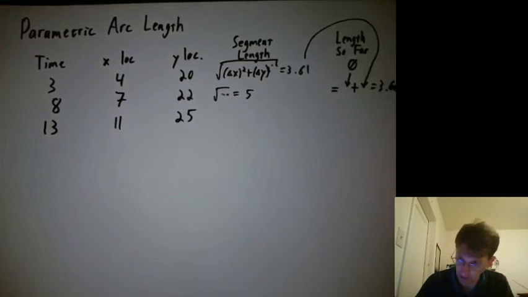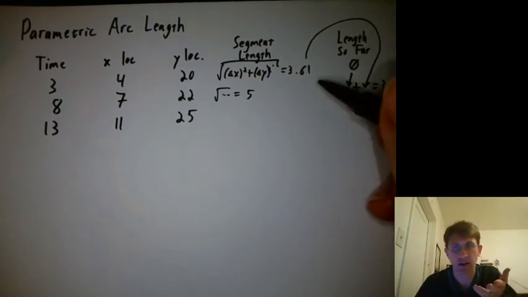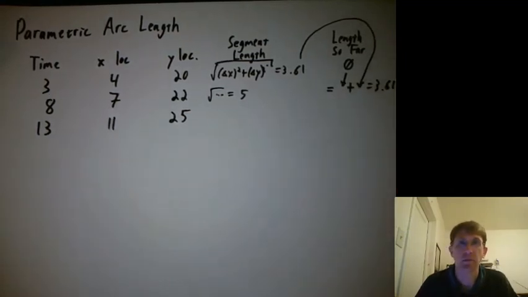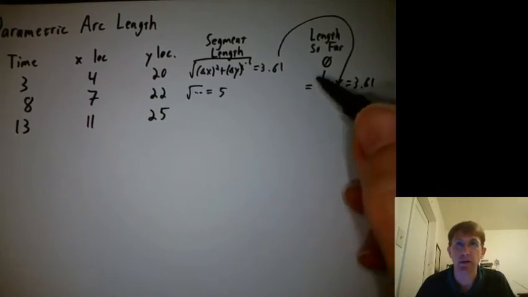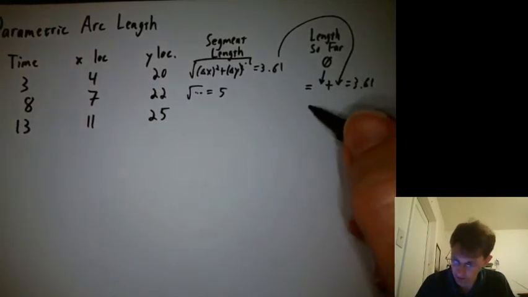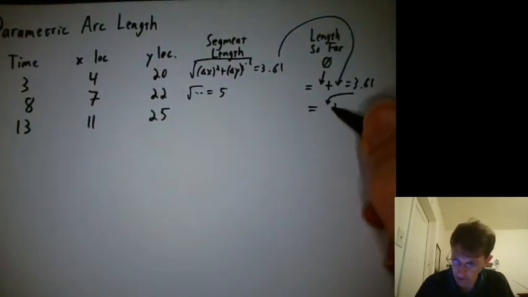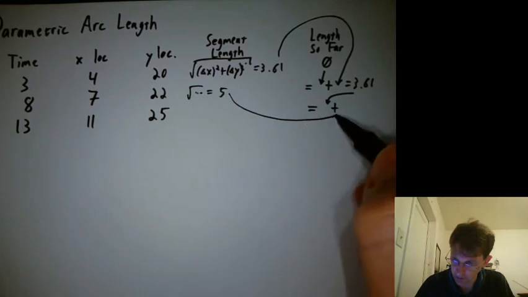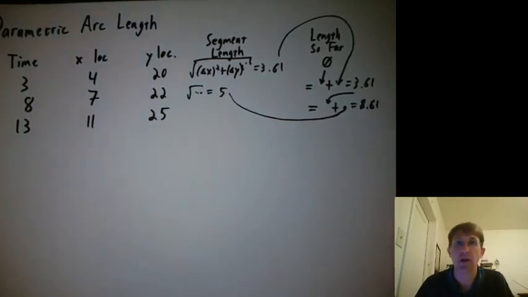I'm rounding; it's like 3.60555, blah, blah, blah, but that's not the main point here. And then the length so far by time point 13 would be this 3.61 plus this 5 right here, which would be a total of 8.61.